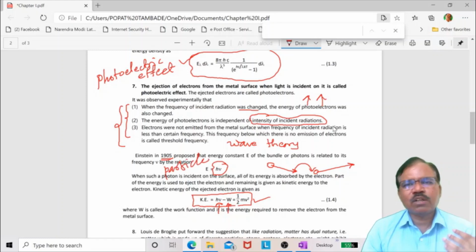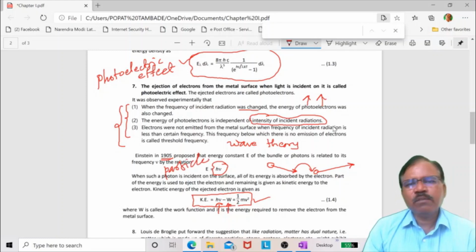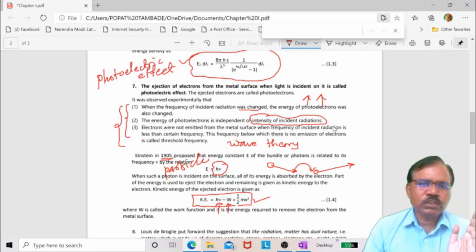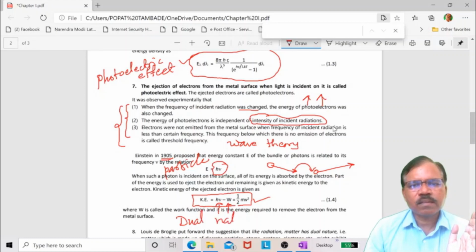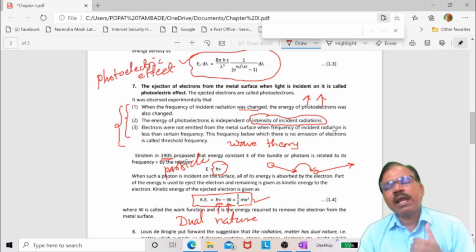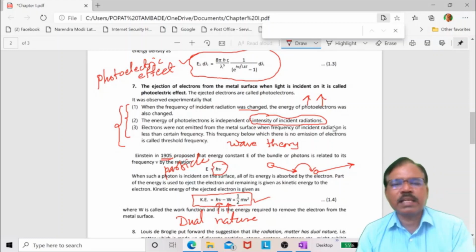So what is the true nature of light? Is it wave or is it particle? So it is assumed that light has dual nature. In some experiments it behaves like a wave, and in some experiments it behaves like a particle.